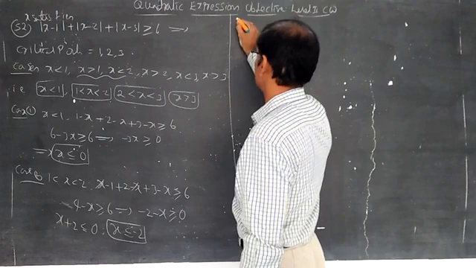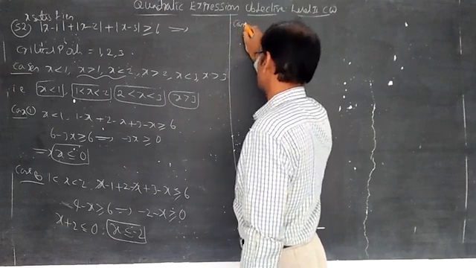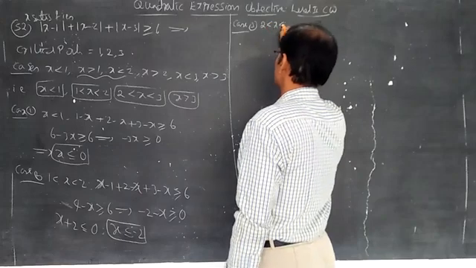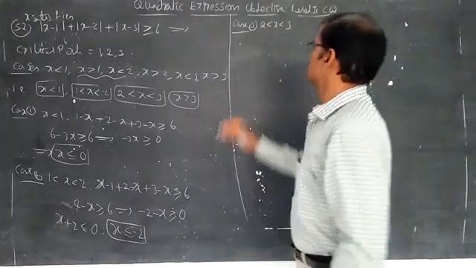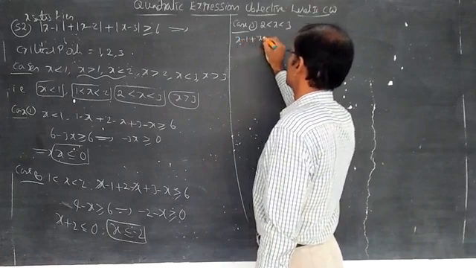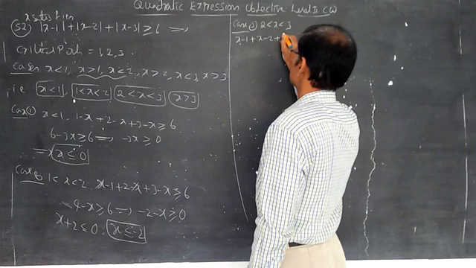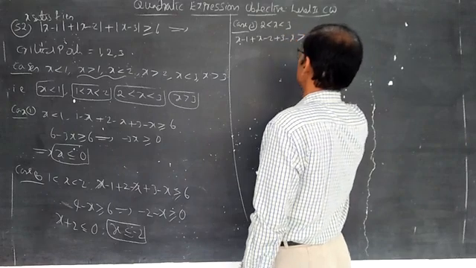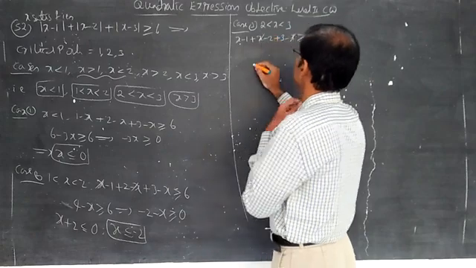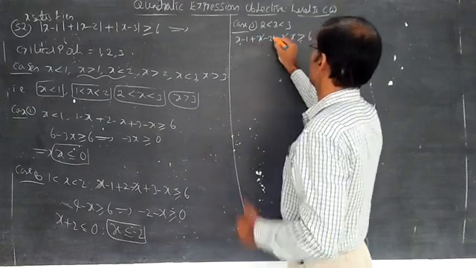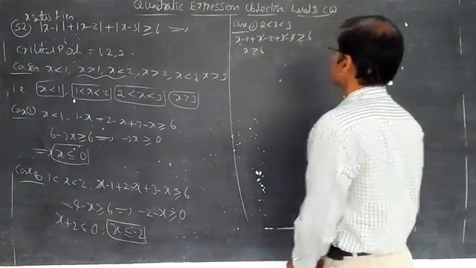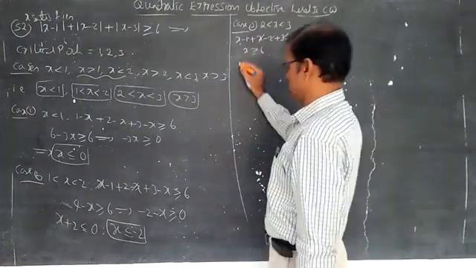Now case 3: 2 less than x less than 3. The first becomes positive, x minus 1, the next also positive, x minus 2, and the next becomes negative, 3 minus x, greater than or equal to 6. Here plus x and minus x get cancelled, and the constants 3 and minus 3 also cancel, so x greater than or equal to 6. Keep it aside.